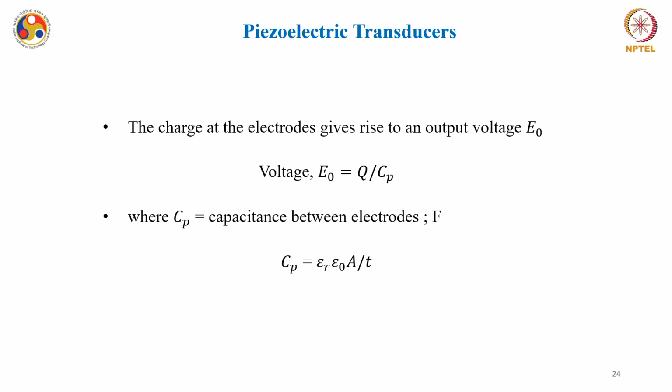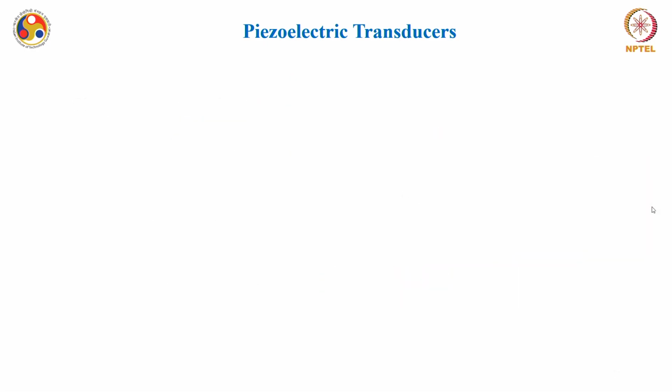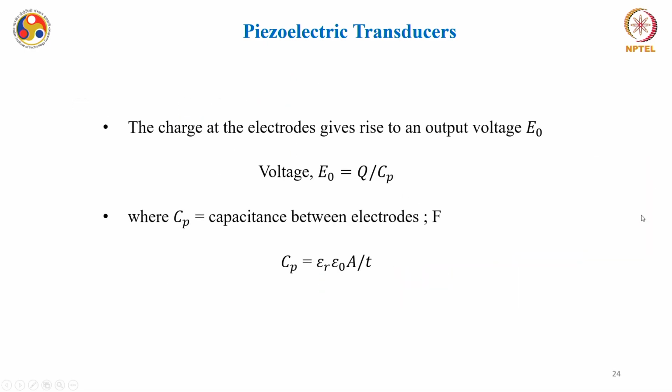Now the charge at the electrode gives rise to an output voltage E naught, that we have seen here at the output. So E naught, in terms of the capacitance between the electrodes, can be written as E naught equal to Q by Cp, and I am calling this equation 11.